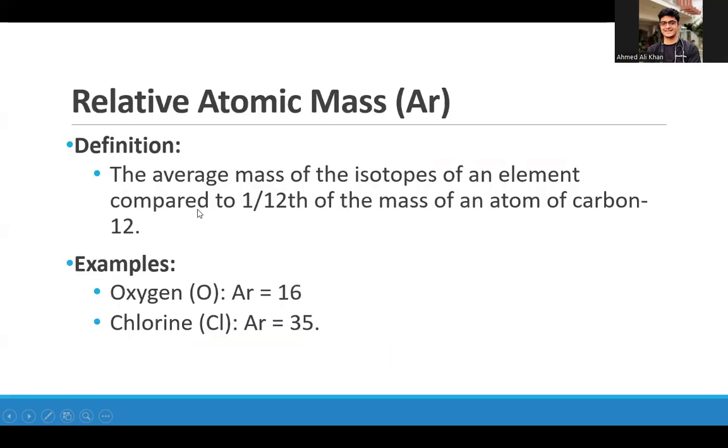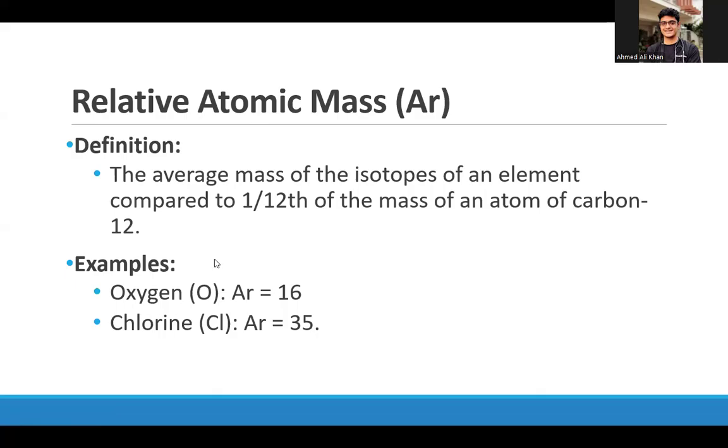Before we start mole, let's talk about the relative atomic mass. What is the relative atomic mass? We discussed this in one of our initial classes: the average mass of the isotopes of an element compared to 1/12 of the mass of a carbon atom, specifically the atom of carbon-12, is known as the relative atomic mass. If you have oxygen gas trapped in a container, every element has its own set of isotopes.